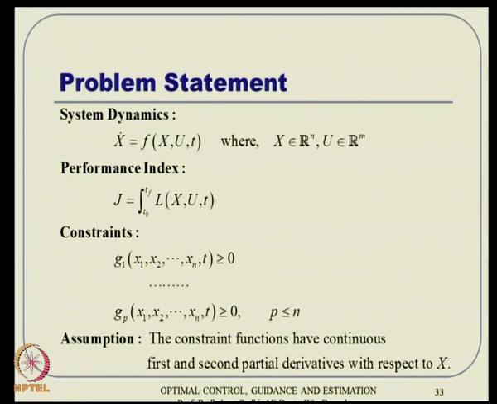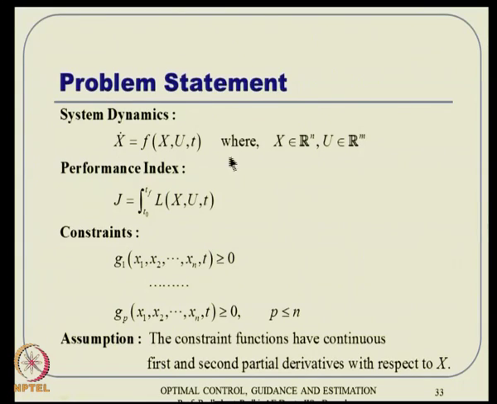We are talking about state constraint problems here, so different tricks have to be applied, unless it is a mixed state and control constraint. That is again a topic in general. You can have problems with state constraints as well as control constraints, but here we are primarily confined to state constraints.